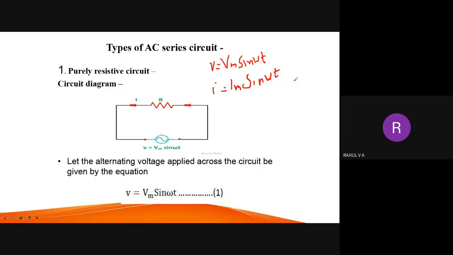Can anyone answer? Which one will be leading, which one will be lagging, or are both in the same phase? So what is the answer to that particular question? There are two equations, V is equal to Vm sin omega t and I is equal to Im sin omega t. My question is which one will be leading or lagging, or whether they will be in the same phase.